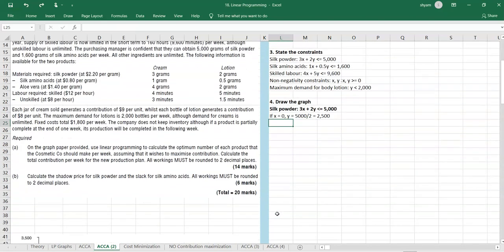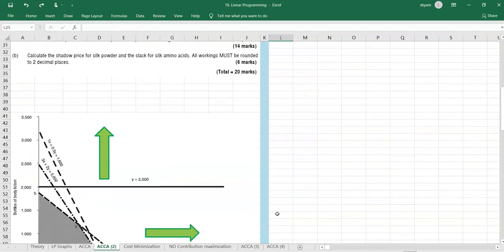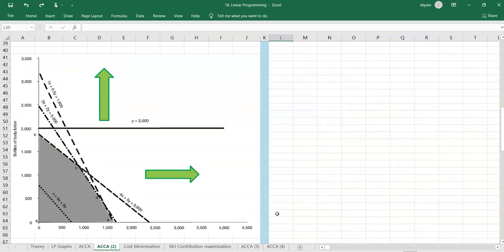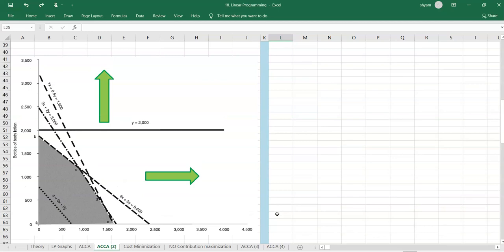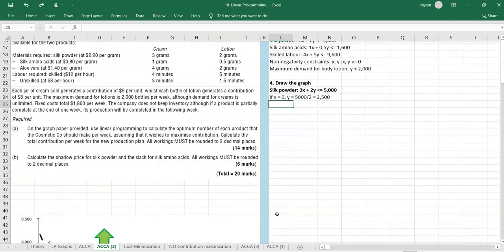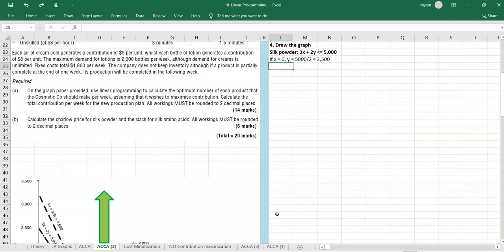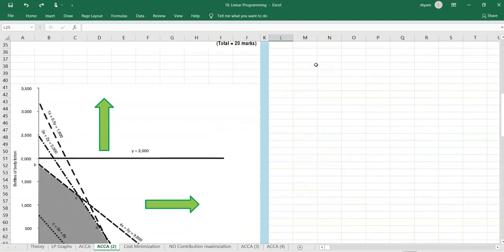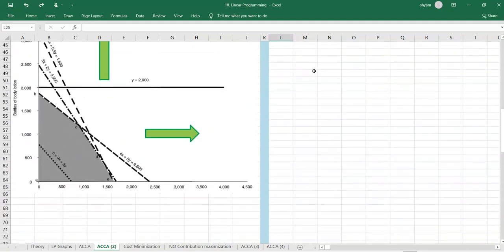As you've got one coordinate point, okay, we'll draw it in the graph. So x is 0, y is 2500. So where will you put that? Here it is. Okay, that's one point.